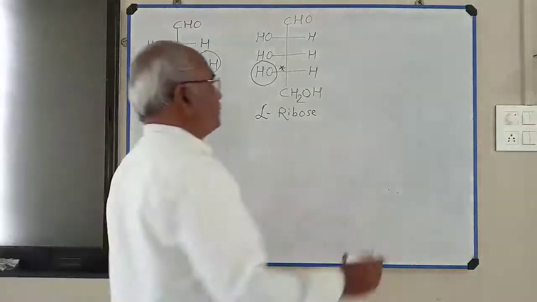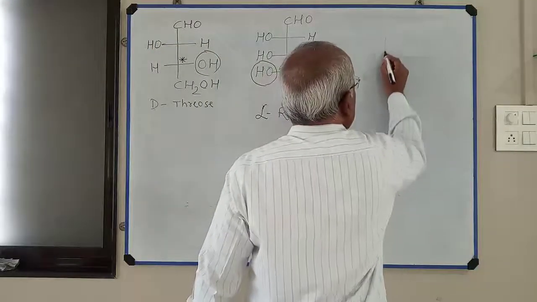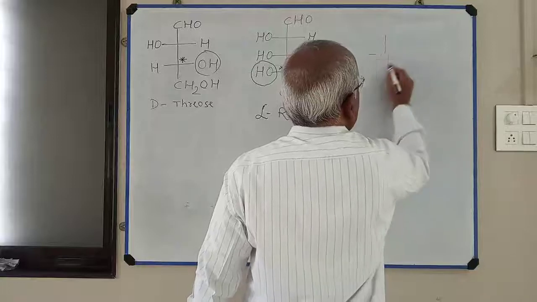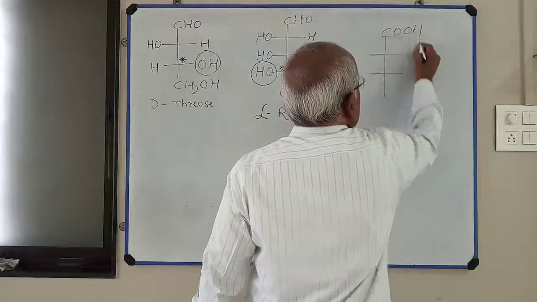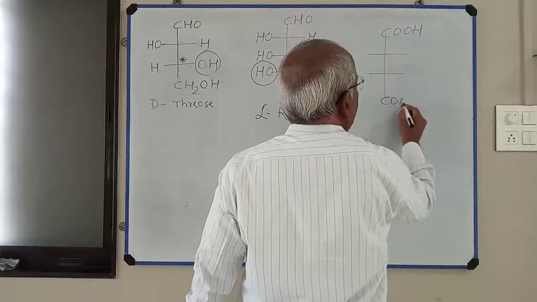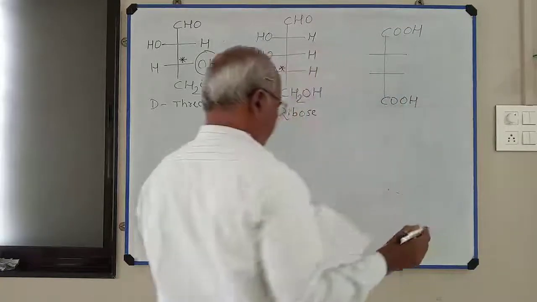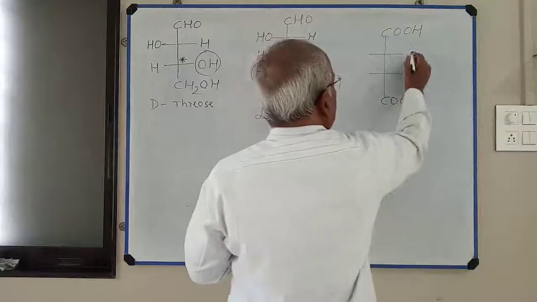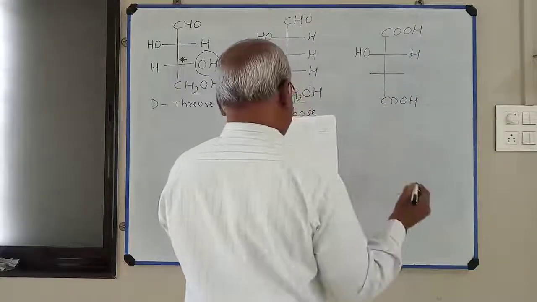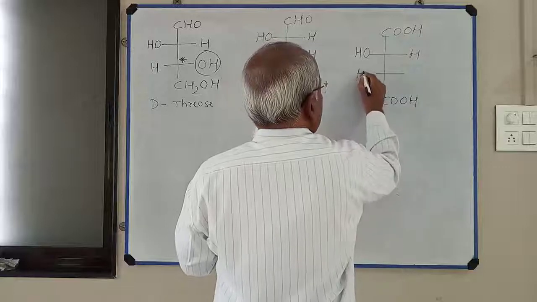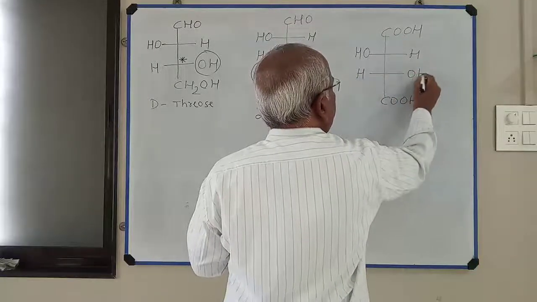Next, this is a straight line. Here is a carboxyl group present. Here is also a carboxyl group present. H, OH, hydrogen, OH.